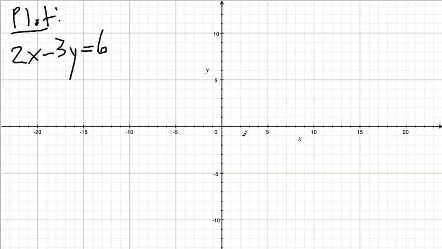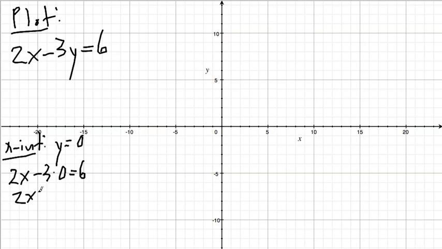So first, to find the x-intercept, I set y equal to 0, and I get that 2x minus 3 times 0 is equal to 6, or 2x is equal to 6. I'm dividing both sides by 2. What that gives me is that x is equal to 3. So 1, 2, 3, there is my x-intercept.